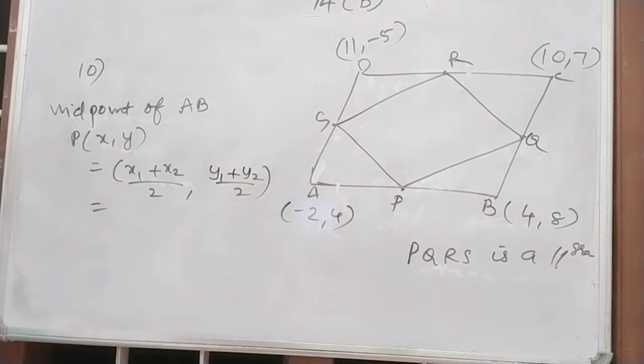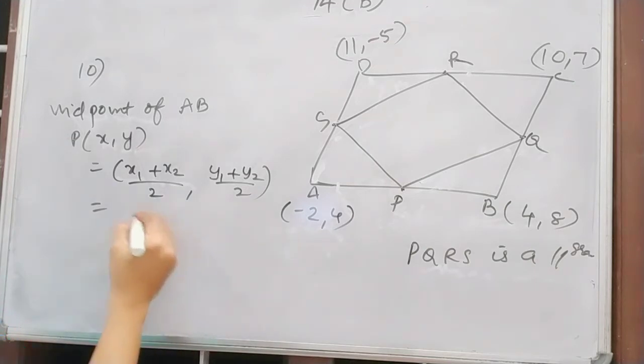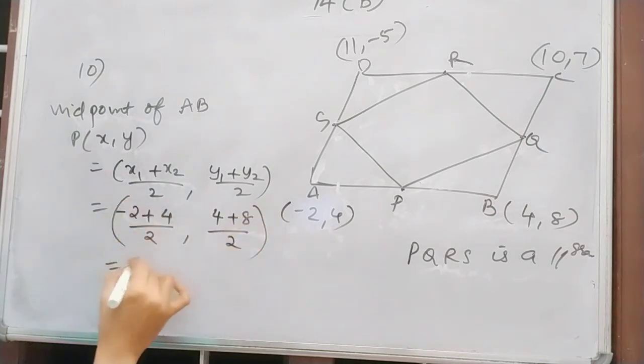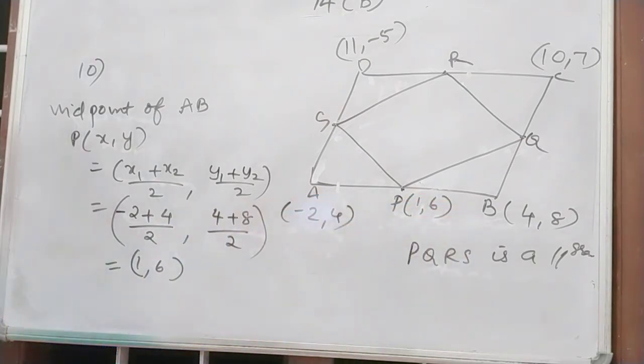So negative 2 plus 4 divided by 2, comma 4 plus 8 by 2, which is equal to 1, comma 6. So the midpoint, we got it as 1, 6.